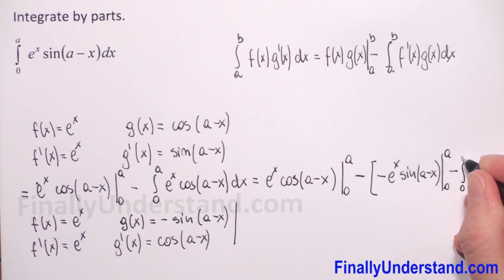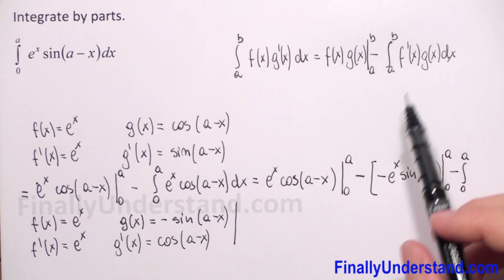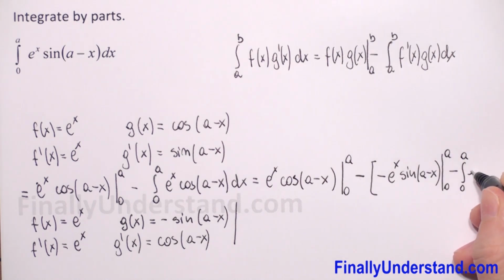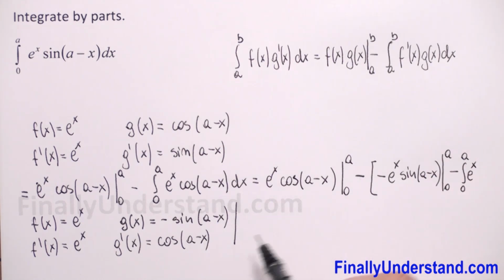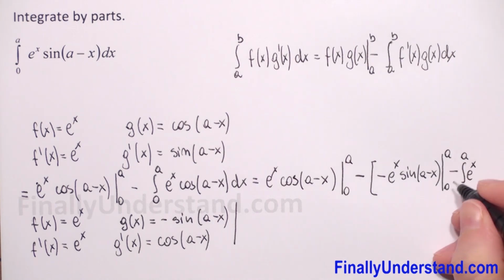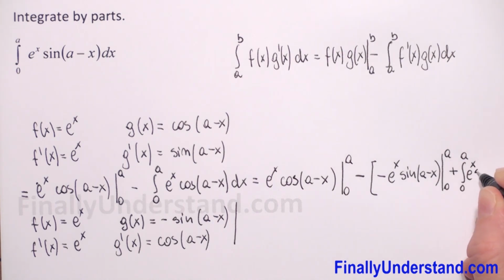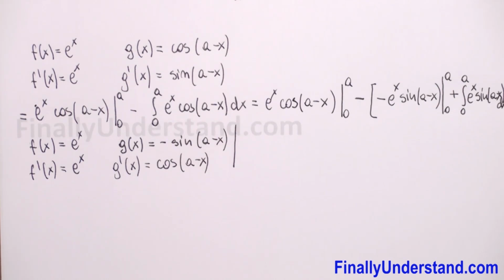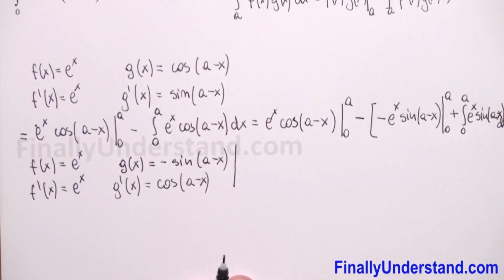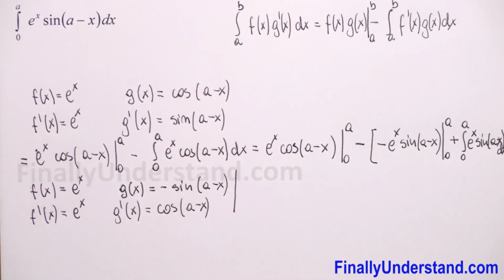integral from 0 to a of f prime of x, which is e to power x, and g, which is negative. So we have negative and negative. We can change this to positive sine of a minus x, with respect to x, we have the integral. So let me rewrite our integral from the beginning.